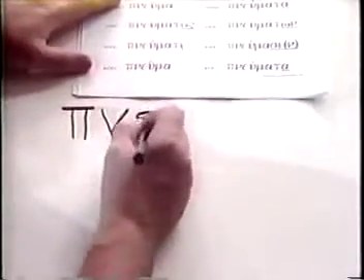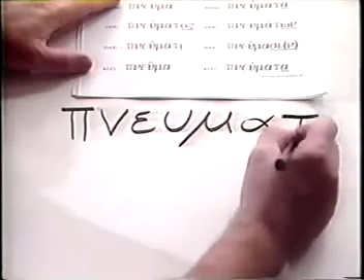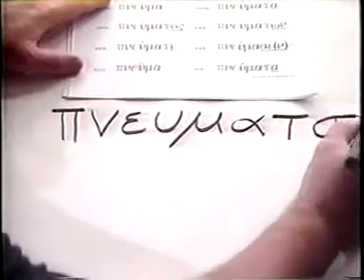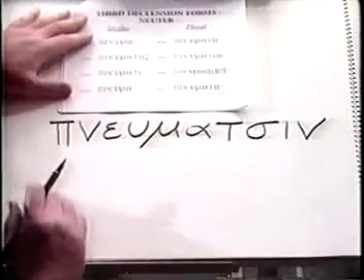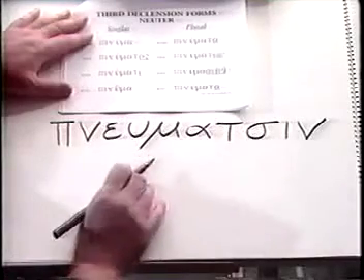Well, what has happened here? If our stem is pneumat, and we add our plural dative ending, a sigma iota movable nu, what's going to happen to that tau followed by sigma?